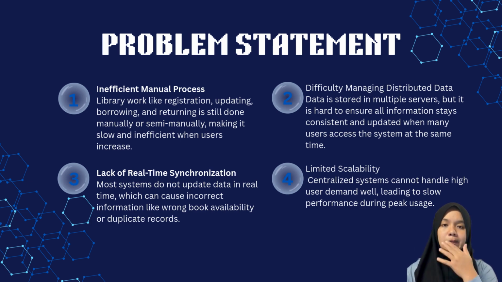Second, it is difficult to manage data across multiple servers and ensure all information is always up to date, especially in a distributed environment. Third, most systems do not support real-time synchronization between servers.